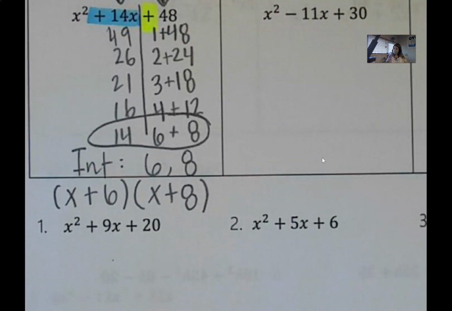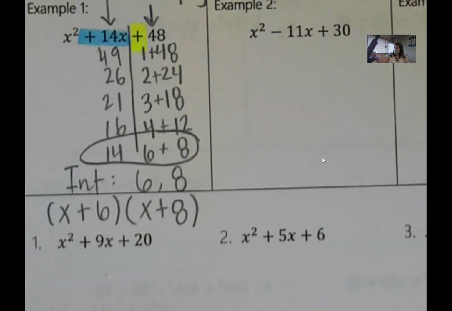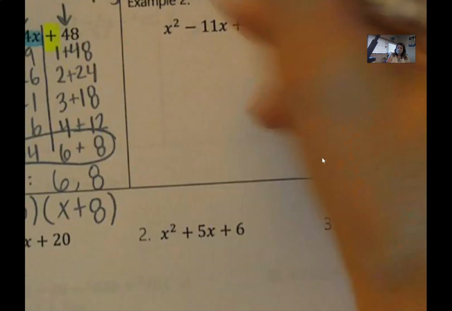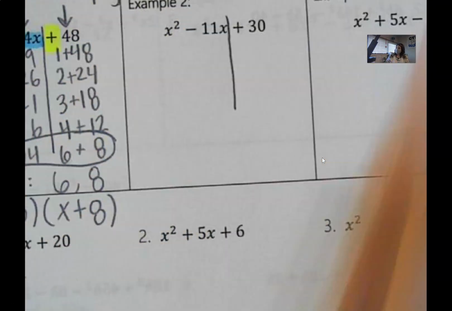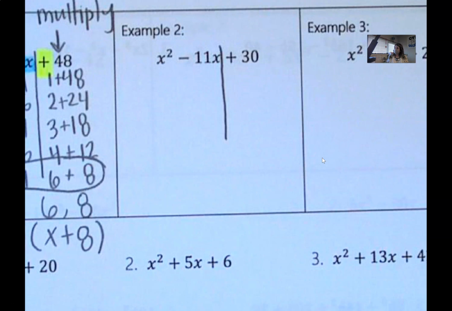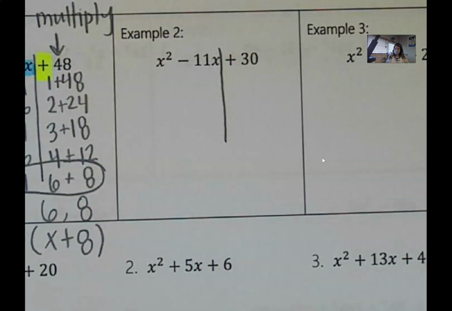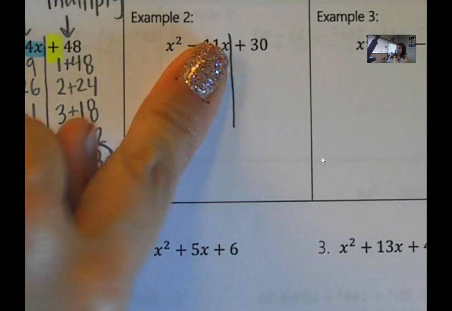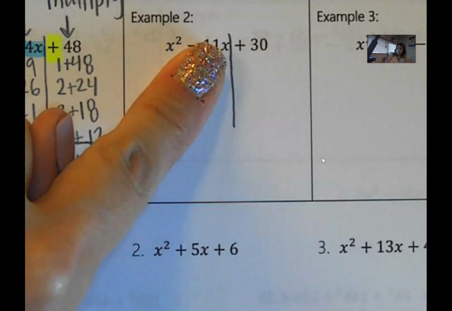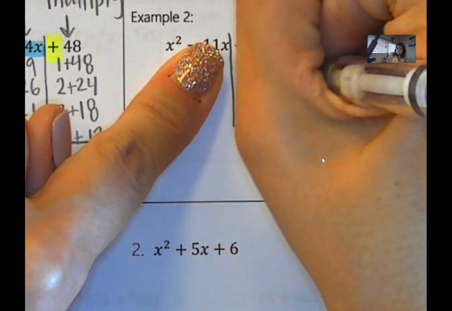Okay, this is the method that we use for all of these, but your symbols start to change. So let's see what happens when our symbols start to change. We split the second and the third term. Then we factor 30. So I start with 1 and 30.